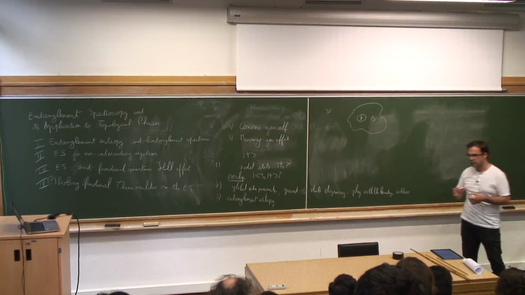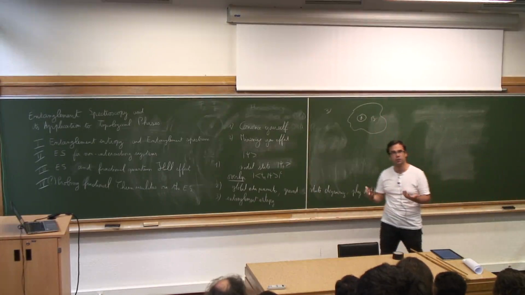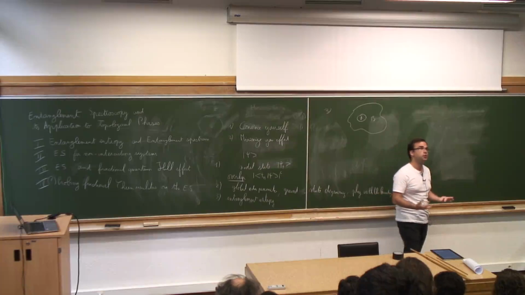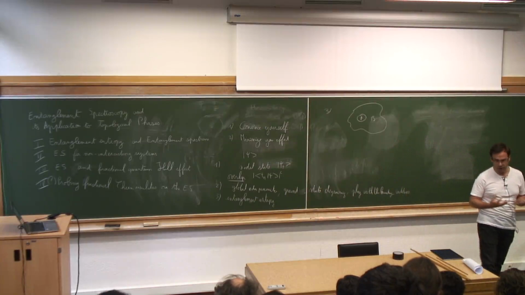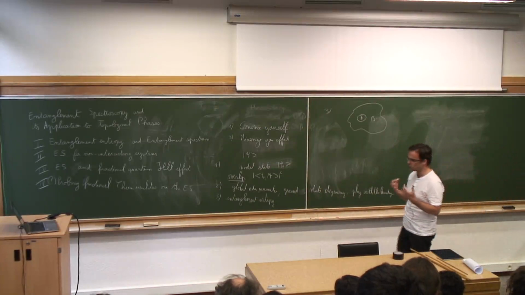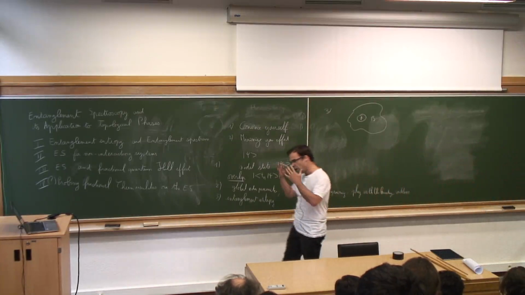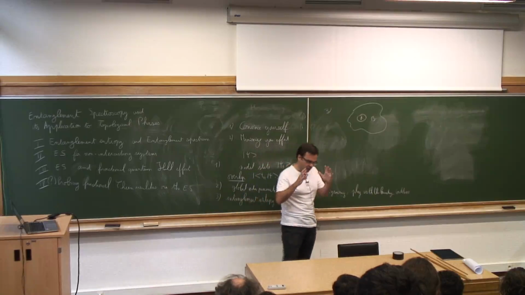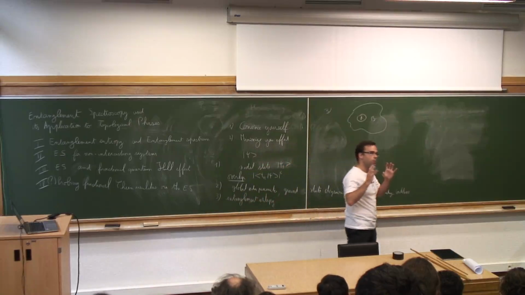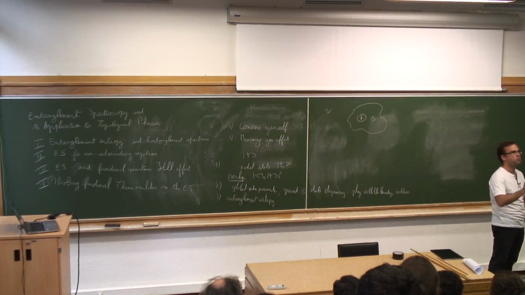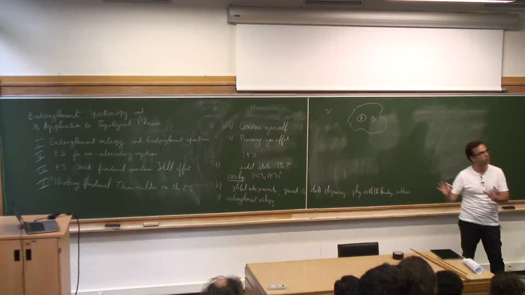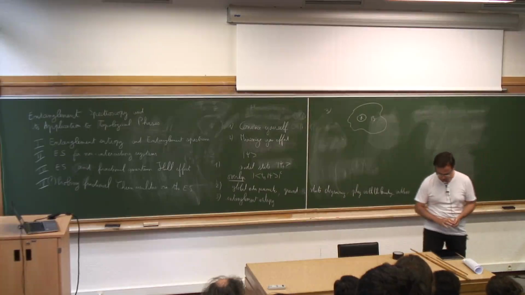When you do that, you get lots of information about the excitations of your system, only by looking at the ground state. This is why this technique is quite interesting. Everything you do is to play with the ground state. You break it into pieces, and you look at the entanglement between the different pieces, and you get information about the excitations.